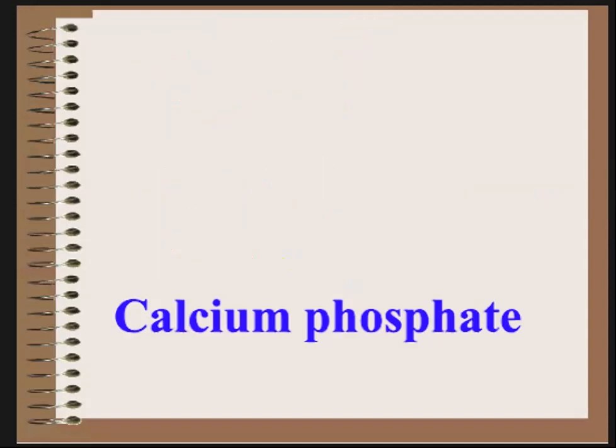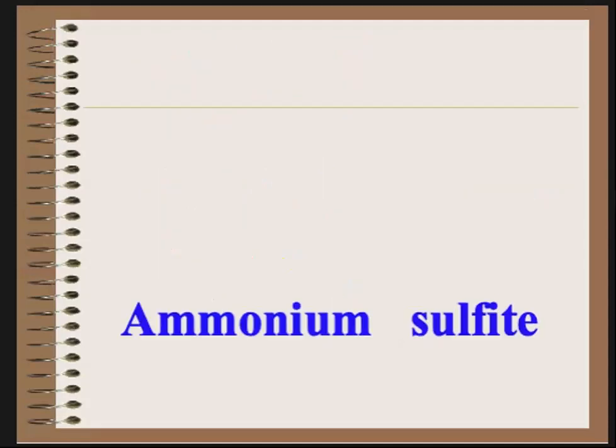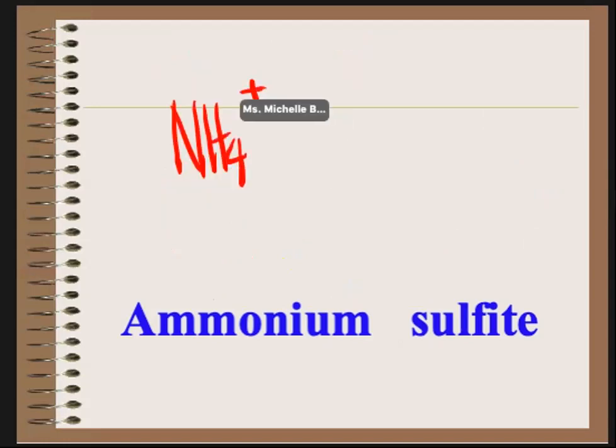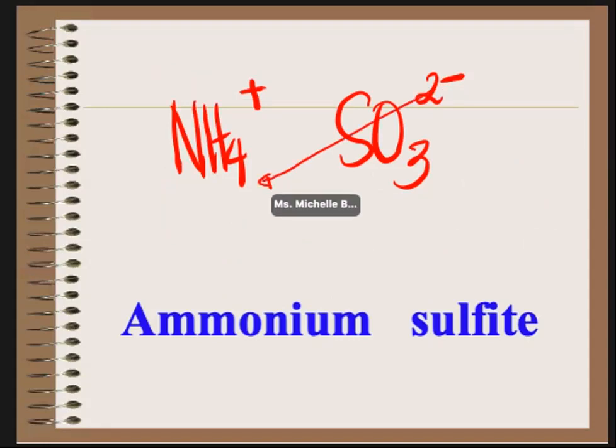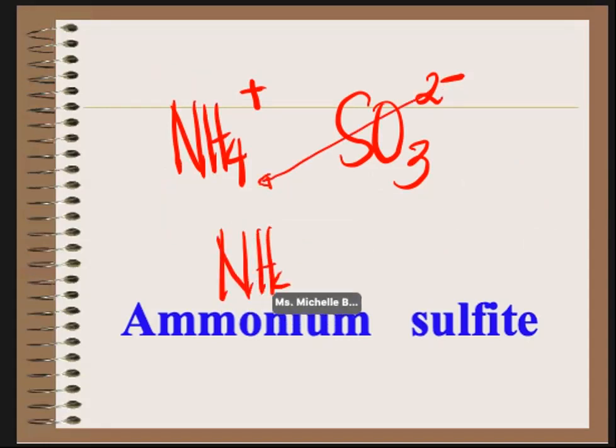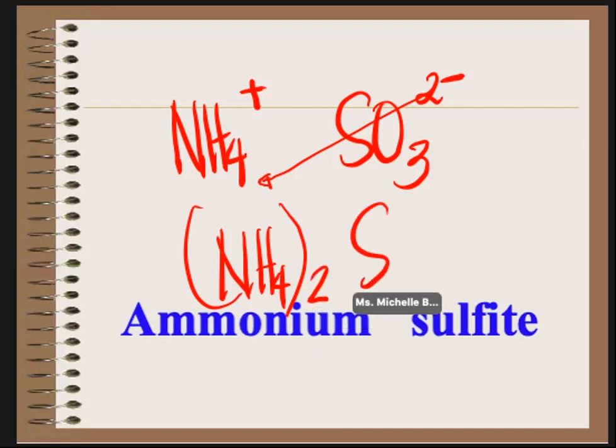Is that clear? I hope so. Next sample problem. We have ammonium sulfite. We have NH4, that's ammonium, positive 1, sulfite 2 negative. So we cross, we write the cation first, and it's more than 1, so we put parentheses 2, sulfite SO3. That's the correct formula.